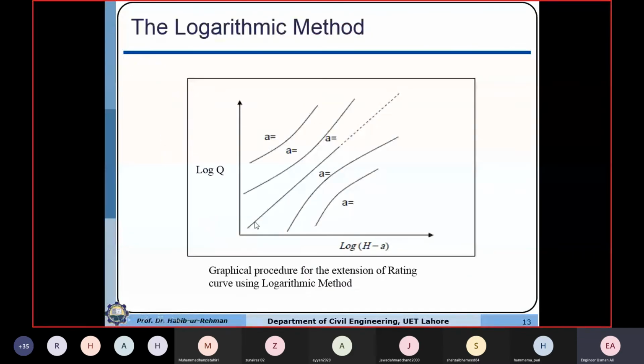So you will select that line which gives you the most straight line as the final relationship, and you can further extend it by dotted line in the same trend.